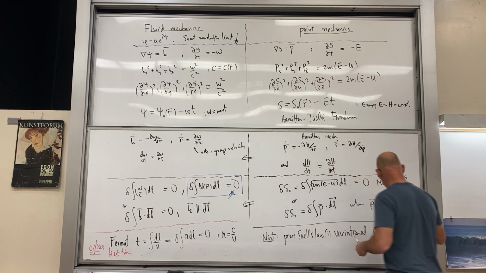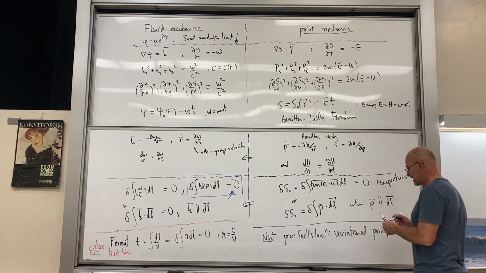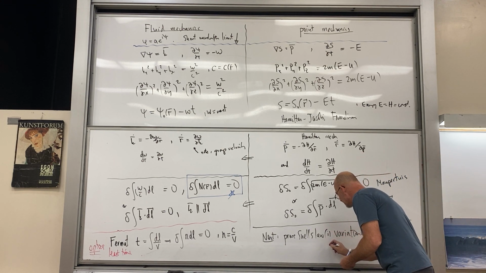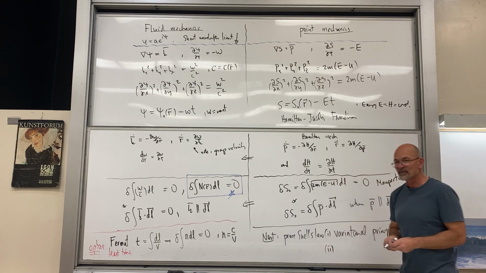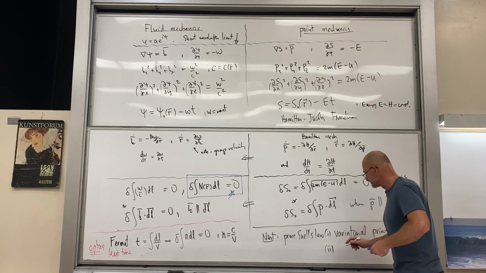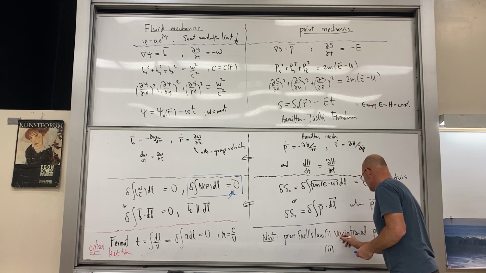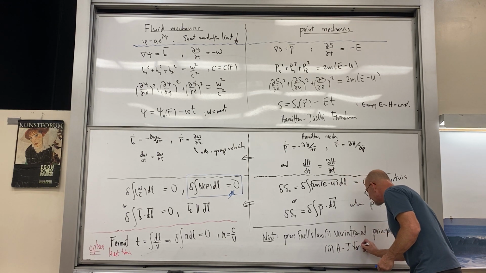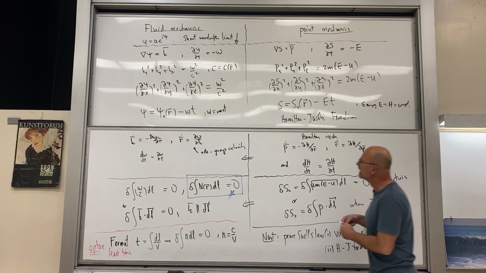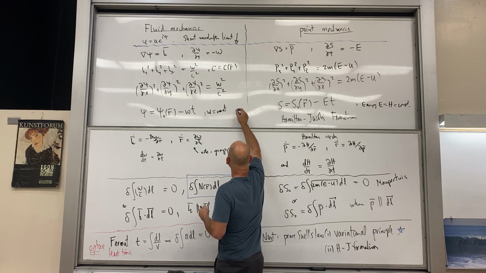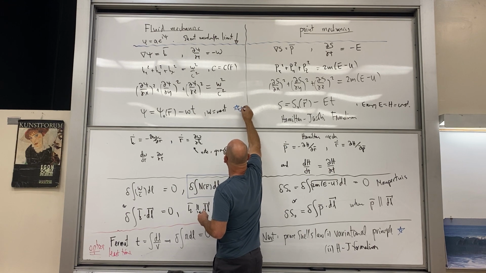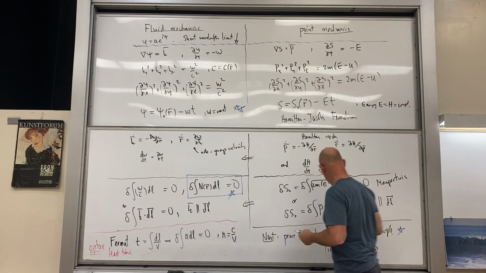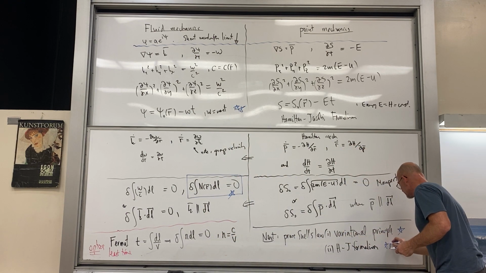Okay. And two, using the Hamilton-Jacobi formalism on this thing over here. Okay, on the eikonal equation. Double blue star.